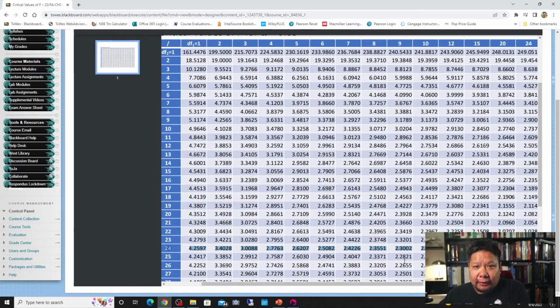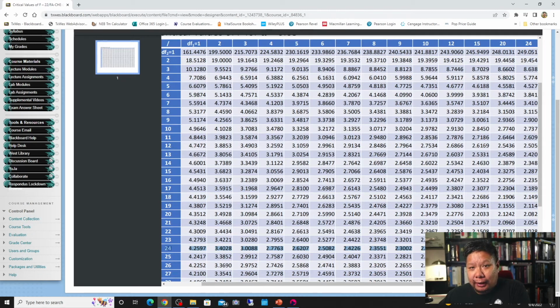So what does that mean then? If you were to take the ratio of the square of the standard deviation from the first data set to the square of the standard deviation of the second data set, or basically meaning divide, you take the standard deviation squared of the first data set, divide that by the standard deviation squared of the second data set, and the number you get is larger than 1.983, that means that your values are statistically different, right?